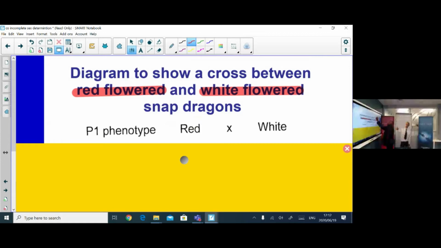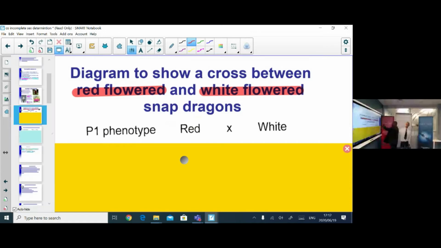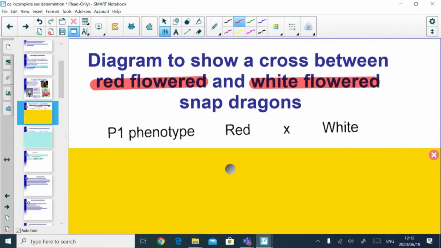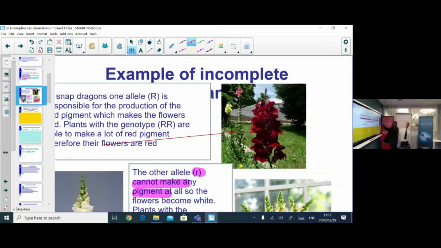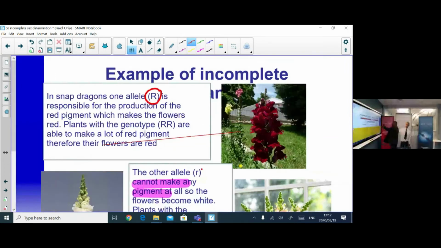We are still using the letters from the previous example, so I do not need to denote them again, because I've already told you that R represents red and the other R represents white. So the letters represent alleles.